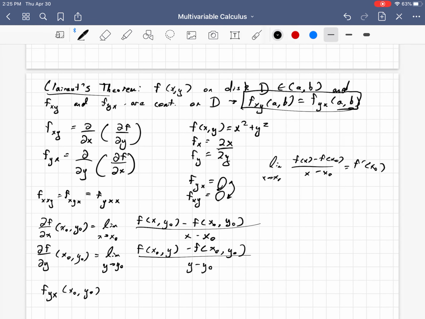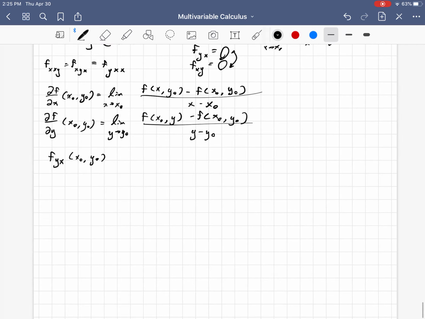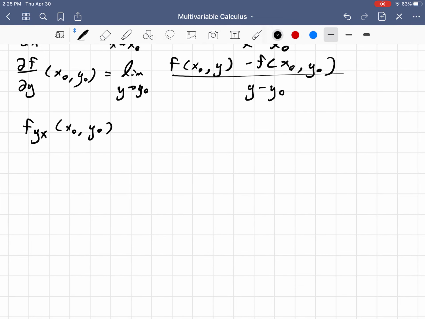Since I'm considering x naught comma y naught, let me change my a comma b to x naught comma y naught, and likewise here as well, just to be consistent with my variables. So now, take the partial with respect to y of the partial of f with respect to x evaluated at x naught comma y naught.